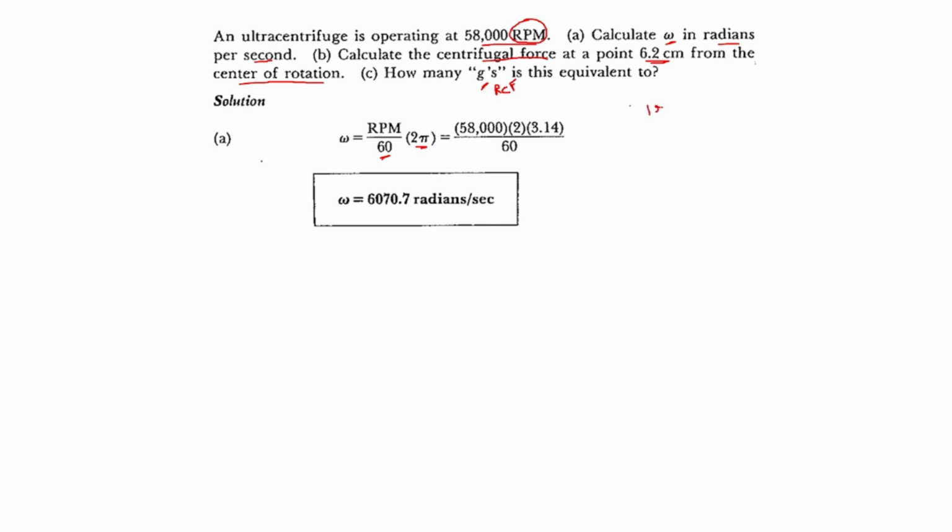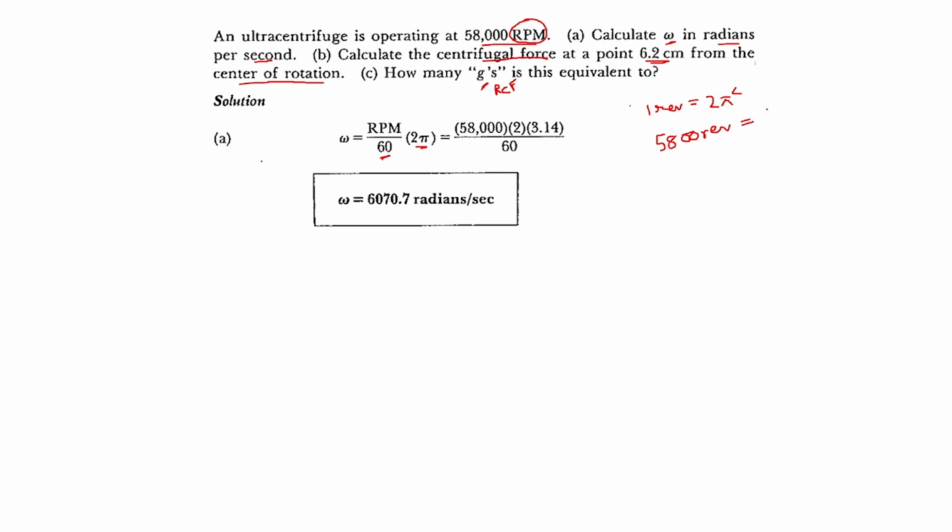One revolution corresponds to 2 pi radians. So 58,000 revolutions corresponds to 58,000 into 2 pi. That is what they have done.